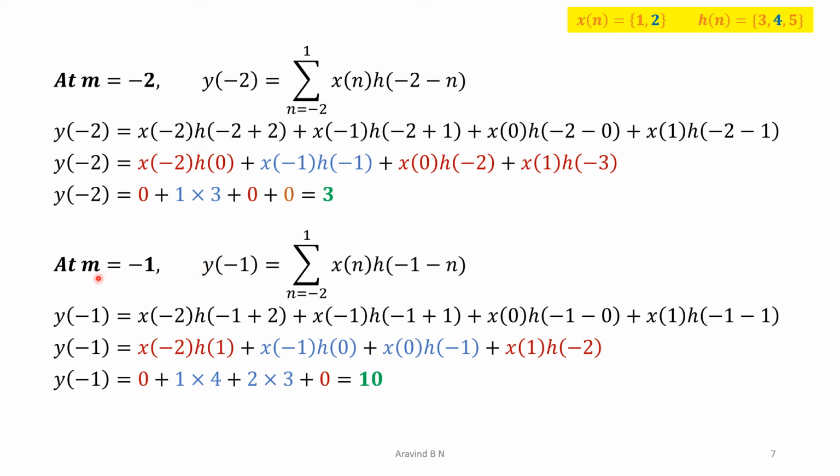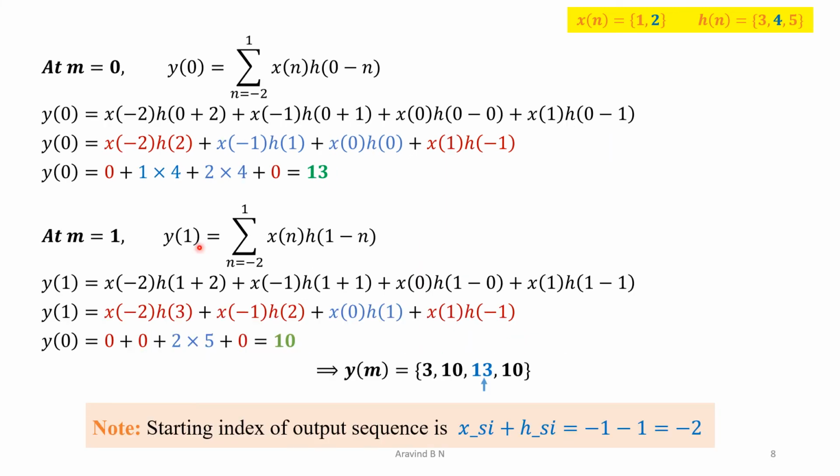Continuation with m is equal to minus 1. So, y of minus 1 is equal to summation n is equal to minus 2 to 1 x of n h of minus 1 minus n. By expanding and resolving, we are going to get the answer as 10. In continuation, at m is equal to 0, we are going to get the answer as 13.